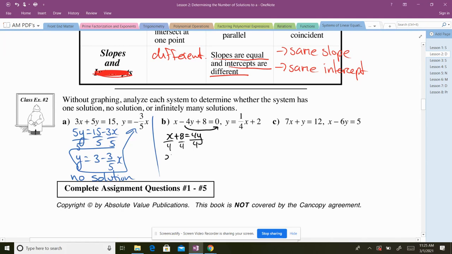And I get that. How does it relate to that? It has the same slope and it's infinite because it's the exact same equation.